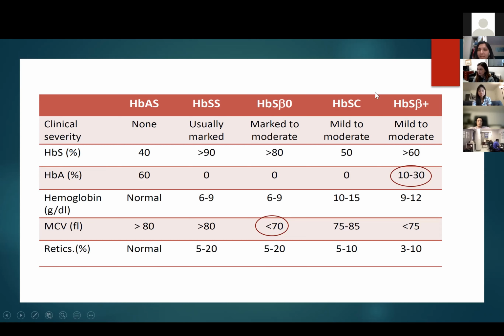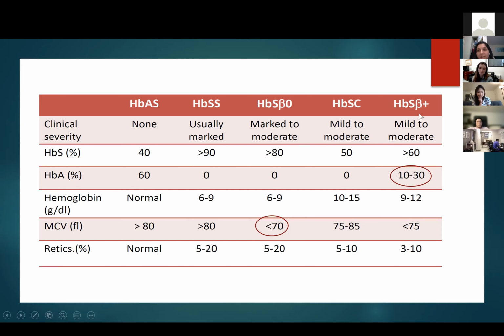And then these last two, hemoglobin SC and hemoglobin S beta plus, are also similar in the sense that they tend to be milder. And how you would differentiate these is based on hemoglobin A percentage. So hemoglobin SC would not have any hemoglobin A. It would basically have 50% hemoglobin S and 50% hemoglobin C. So that's easy to remember.